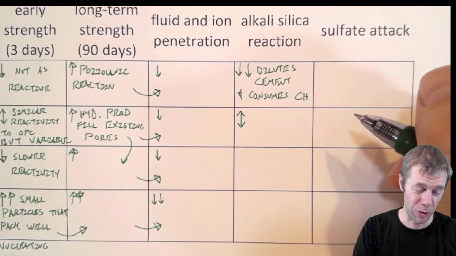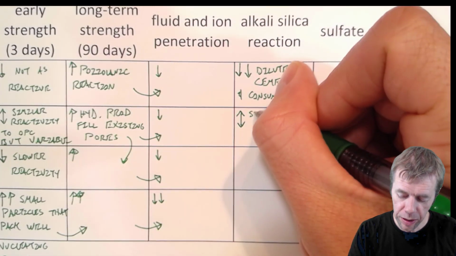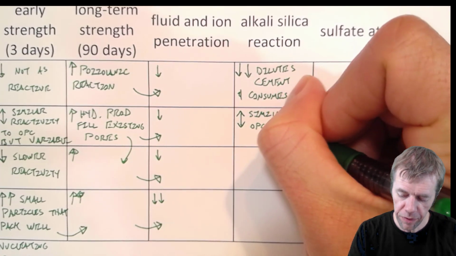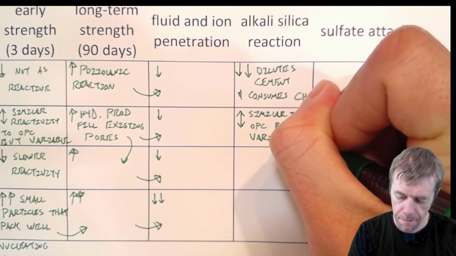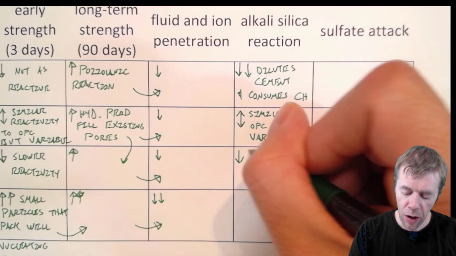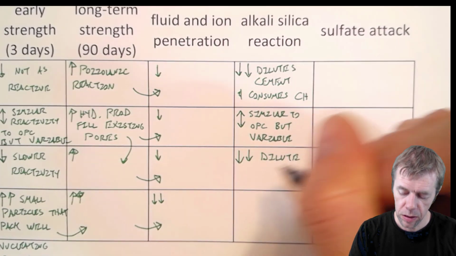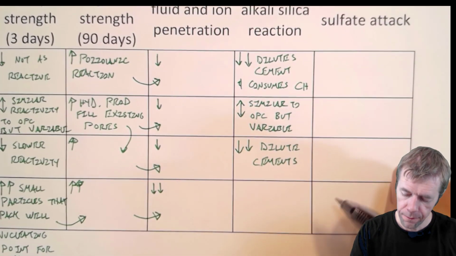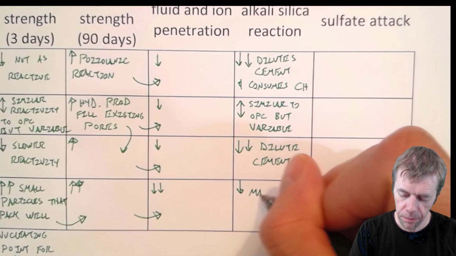Sometimes it actually makes it worse. And it's because it's similar to OPC, but variable. Slag is a double down, and one reason why is because you can dilute the cement with it. You can use it at a higher volume. Silica fume goes down because it makes it hard for moisture to enter.